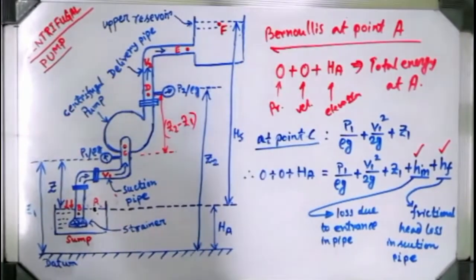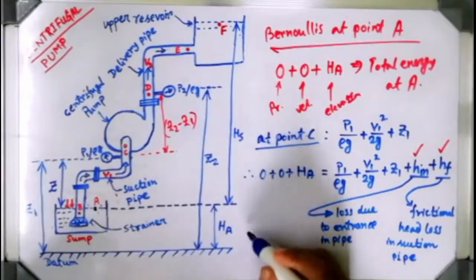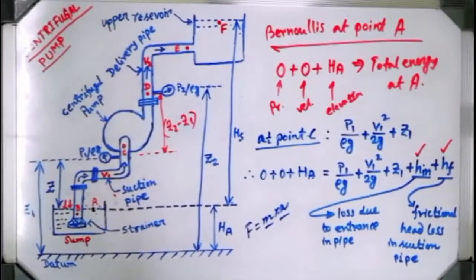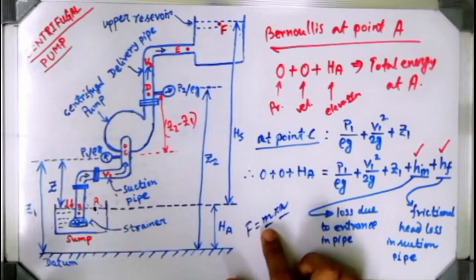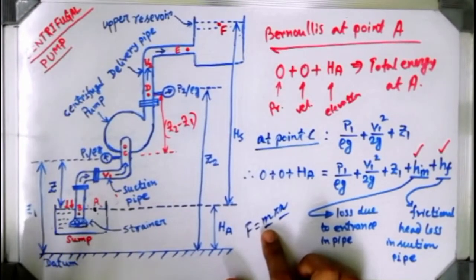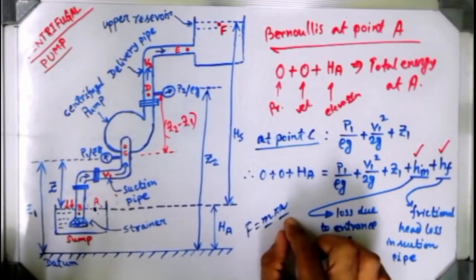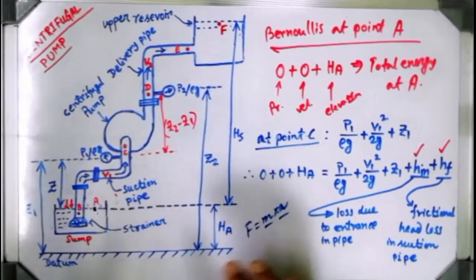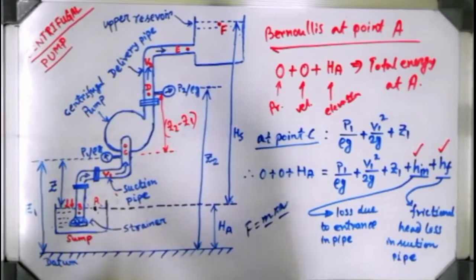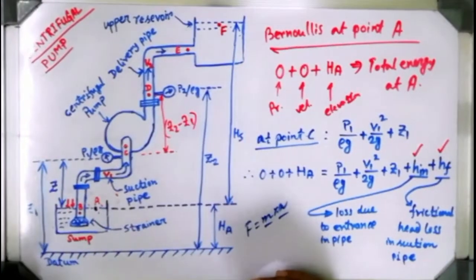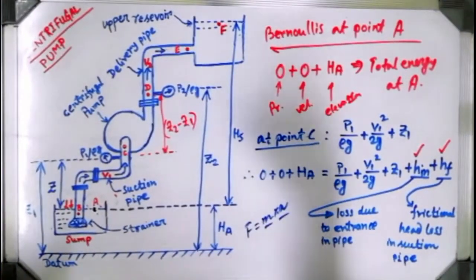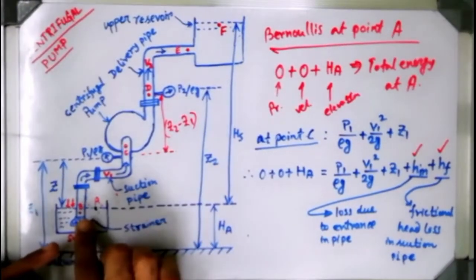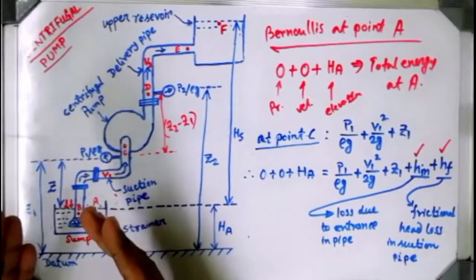And we also know that force is mass into acceleration. So if acceleration is there, obviously mass is always there. Mass is never zero. Then if acceleration is there, some force must be there. So due to this kind of forces, some energy losses or energy gain can be there. Here, due to entrance, some kind of loss will be there.